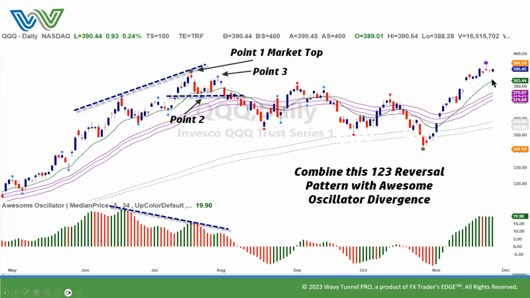For us, a minimum correction would be to the filter and then into the wave. So that's what I would be looking for. It would be advisable to look at a smaller time frame and look at a 1, 2, 3 reversal pattern.